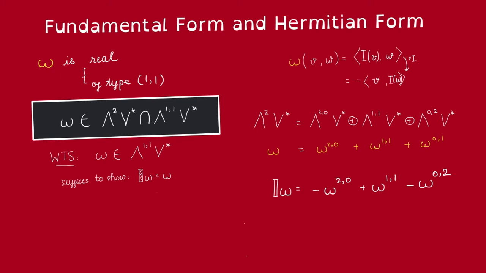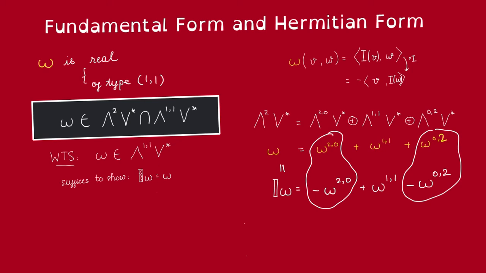Using the definition of I, we get the following decomposition of I omega. Now if this is equal to omega, then that means that this 2,0 component and that 2,0 component are equal, and then this part must also be equal. Sorry, I made a typo here. This should be 0,2. But this would mean that this 2,0 component must be 0, and so is this component. And thus omega only has the 1,1 component, so omega must be of type 1,1.